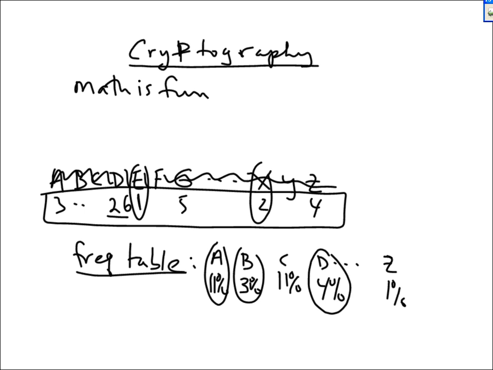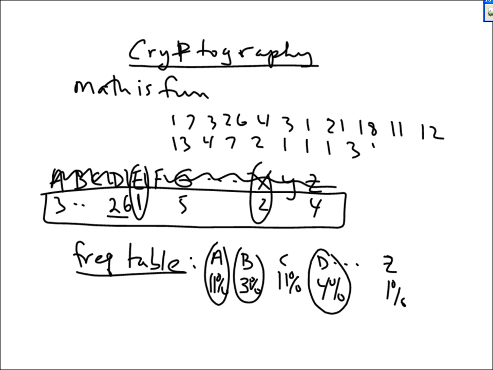They just have 1, 7, 3, 26, 4, 3, 1, 21, 18, 11, 12, 13, 4, 7, 2, 1, 1, 1, 3, 4, 11, 23.